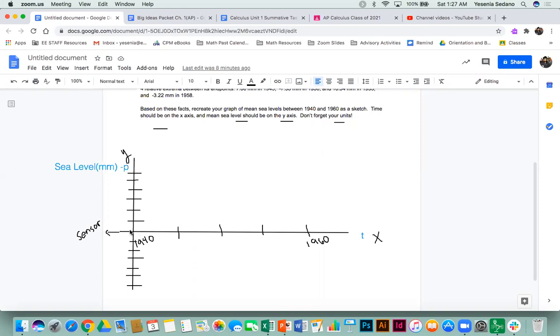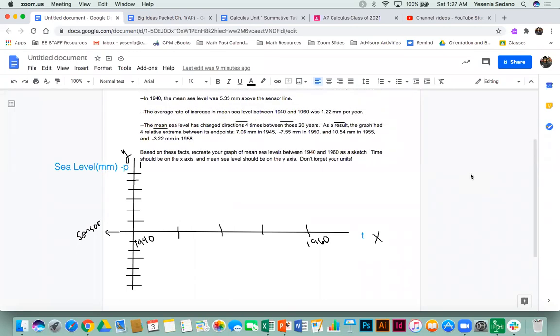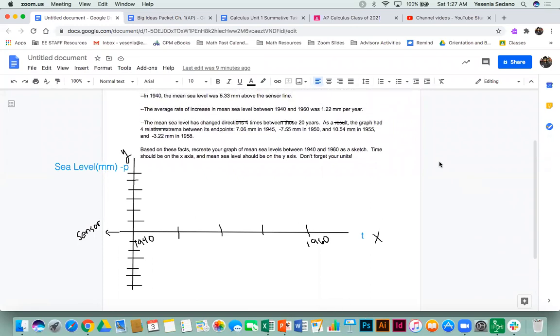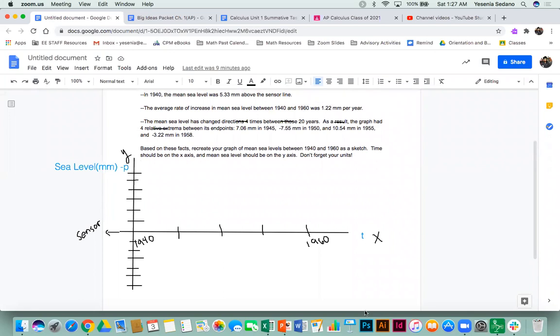So at 1940, right here at the start of time, it was 5.33. I know this was 2, 4, 6, and 5.33. Let's say it's around here. It's just an estimate.